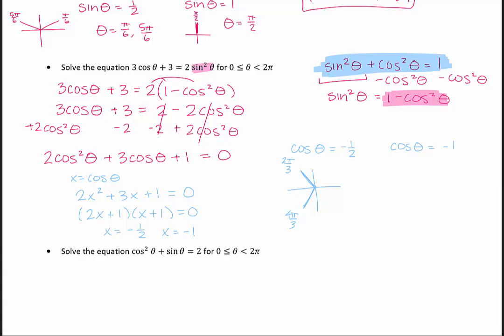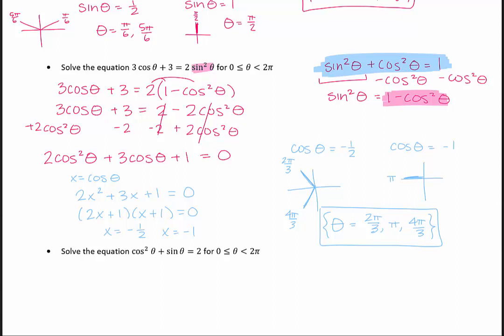Then cosine is negative 1. I know that only happens at one place, and that's here at pi. So my answers would be 2 pi over 3, pi, and 4 pi over 3. Those are the 3 places on our unit circle that fit and work in this equation.